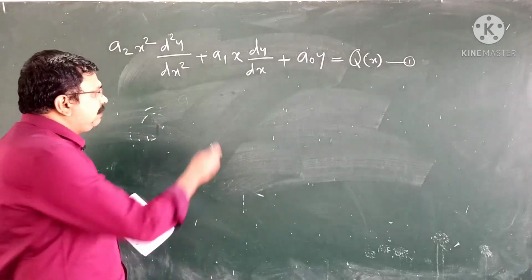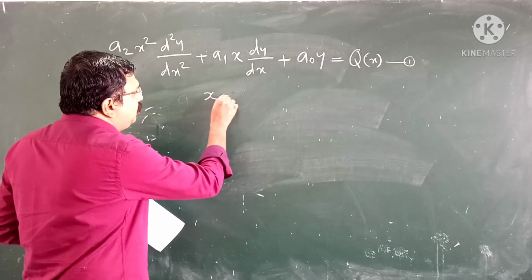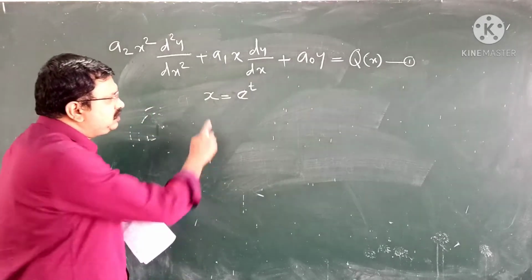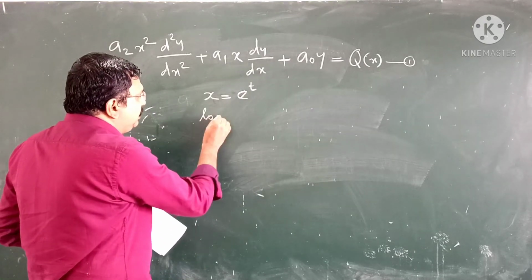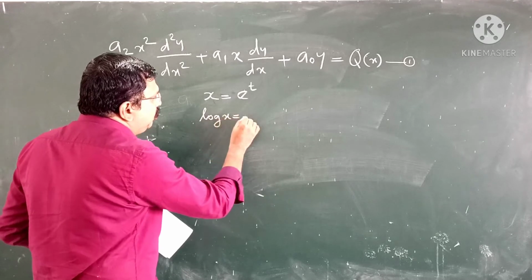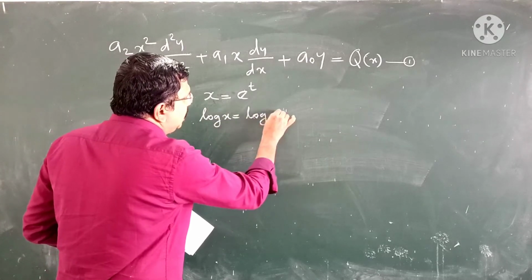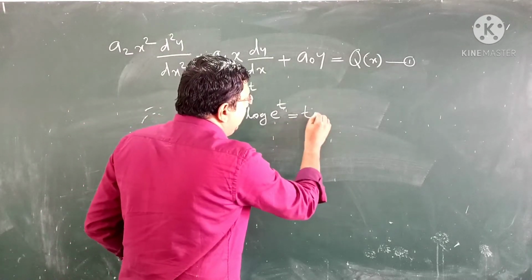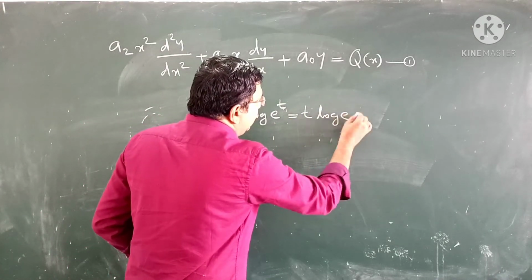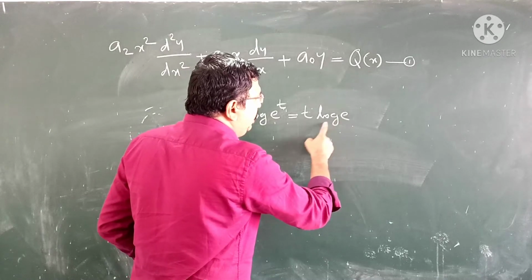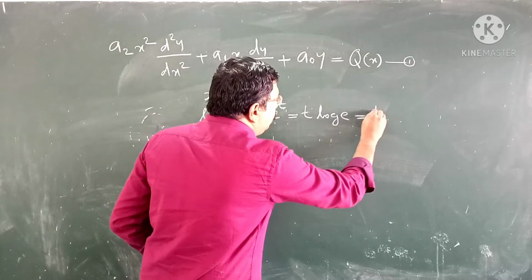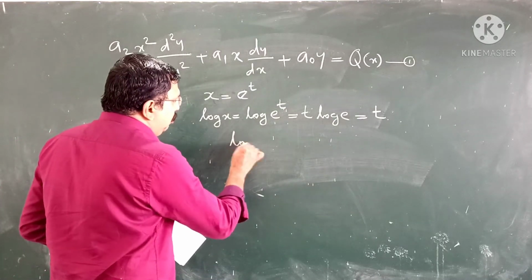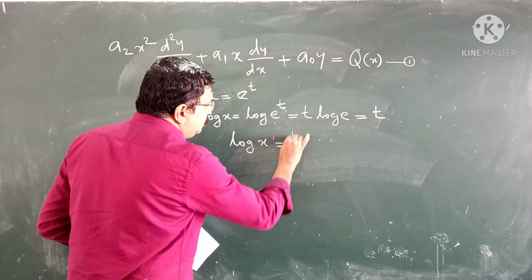In this, substitute x equal to e raised to t. Then we can write log x equal to log e^t, that is equal to t log e. But we know that log e is 1. Therefore this is equal to t, that is, log x equal to t.